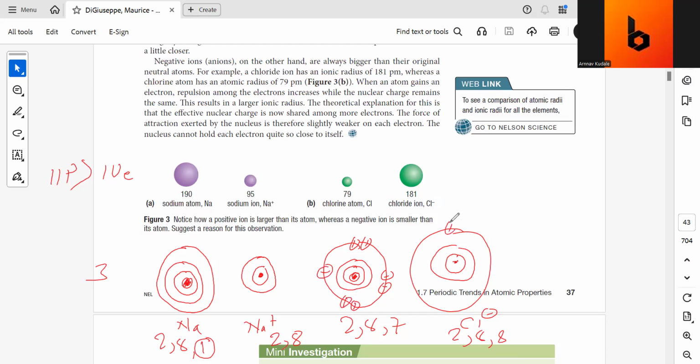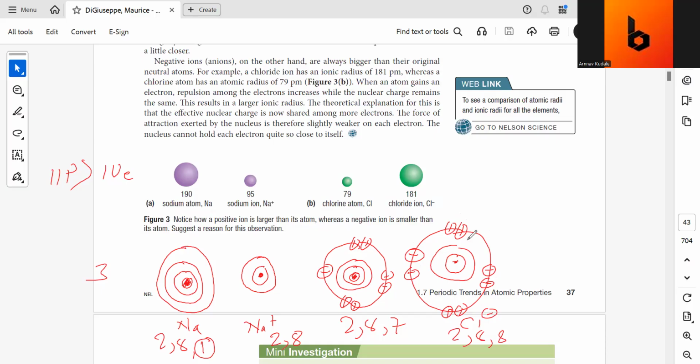When you have that extra electron, it becomes overcrowded. Because it is becoming overcrowded, the electrons start repelling each other and the size bulges. That makes sense because similar charges repel.